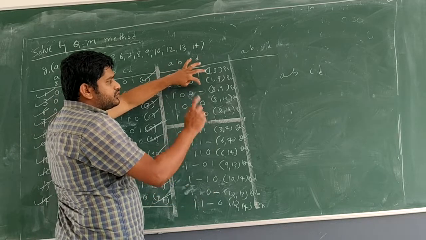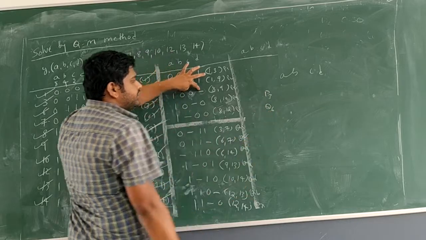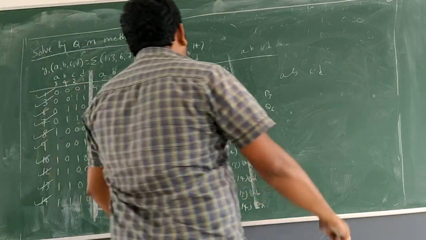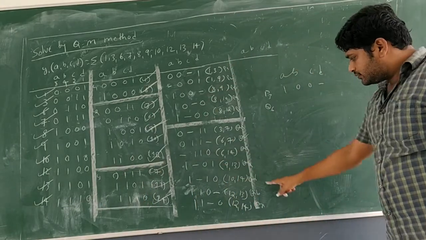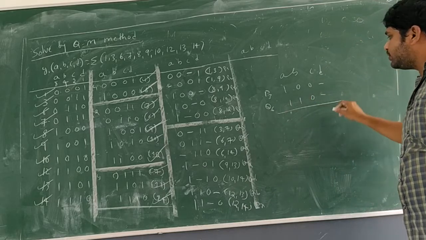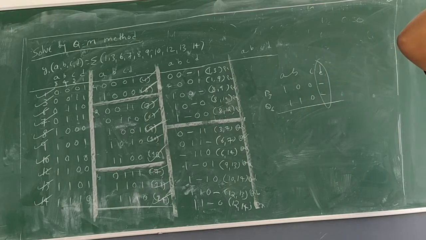Now we have to think about here P3 and Q6. What is P3? 1, 0, 0, hyphen. What is Q6? 1, 0, hyphen. See, always first condition, hyphen should match.